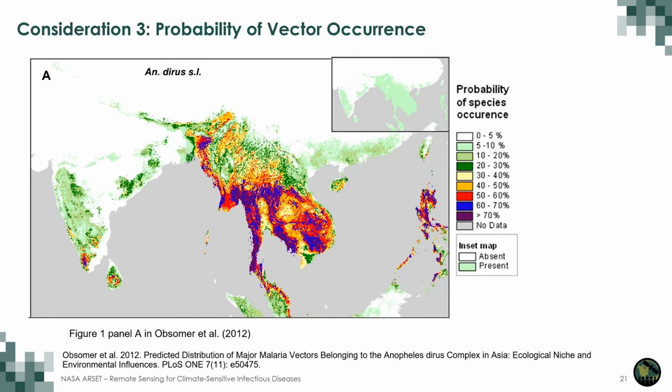And there is another component that I frequently show here. If you look at this inset, it shows you present versus absent vector occurrence, and you can see the entire area is really a mosquito paradise in terms of conditions, in terms of distribution.